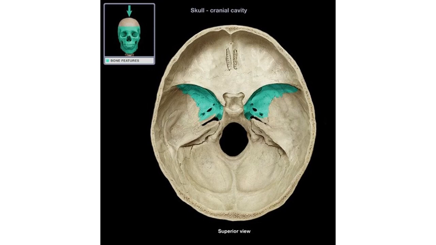We are not going to address these foramina, but the greater wing of the sphenoid is in the middle cranial fossa, making the medial part of the middle cranial fossa.